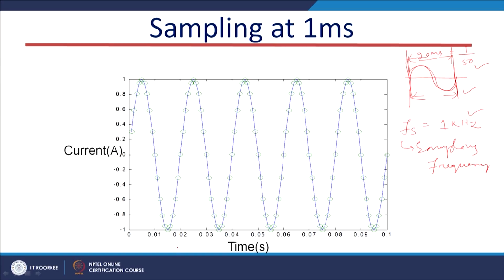Overall we have 20 samples per cycle. Within 1 cycle we have 20 samples, within 2 cycles 40 samples, within 3 cycles 60 samples, and so on.